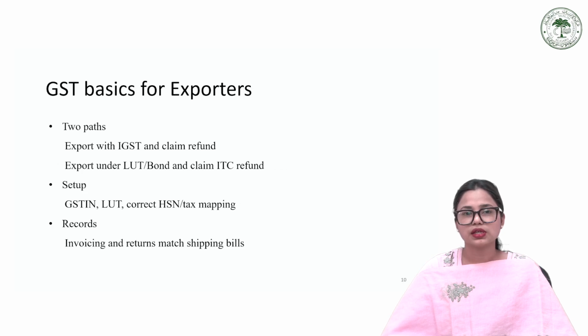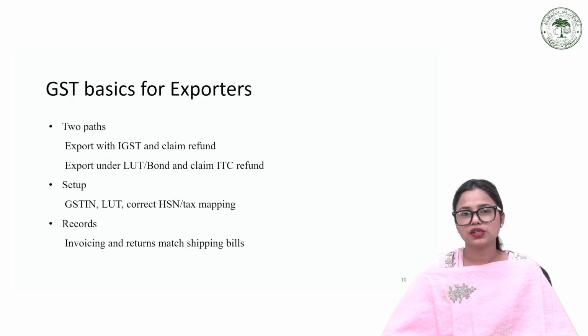Now let us also see what the GST basics for exporters are. Any exporter can take either of two paths. The first path is to export by paying IGST and then claim the refund of those IGST duties. The second path is to export under LUT or bond and then claim an ITC refund.